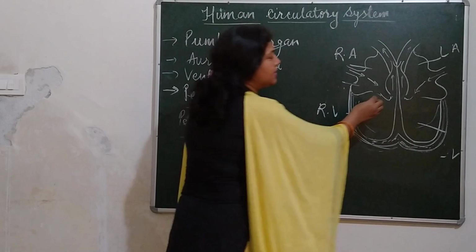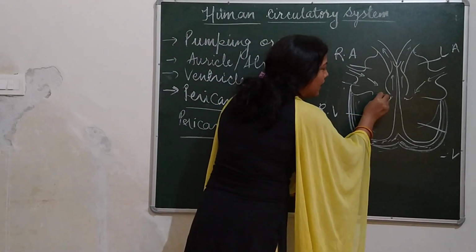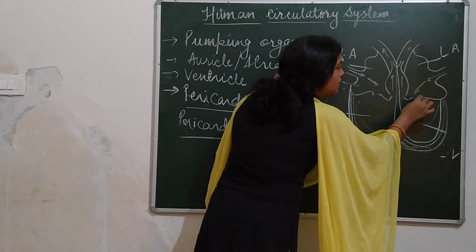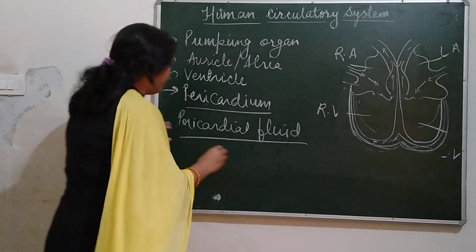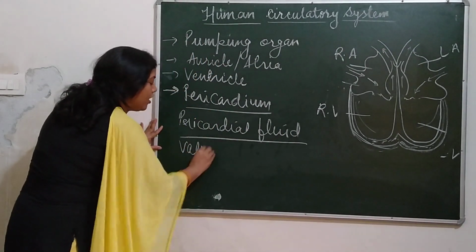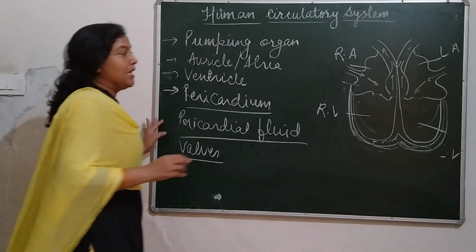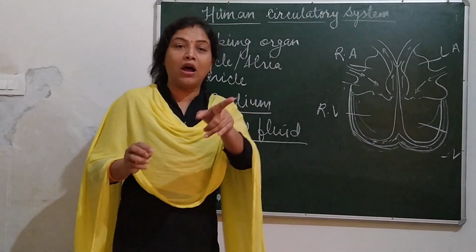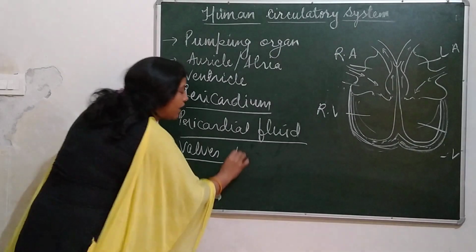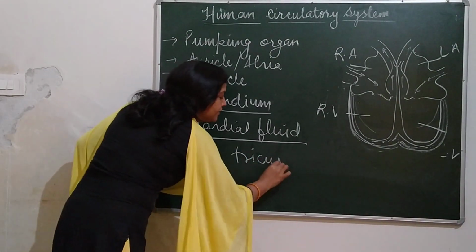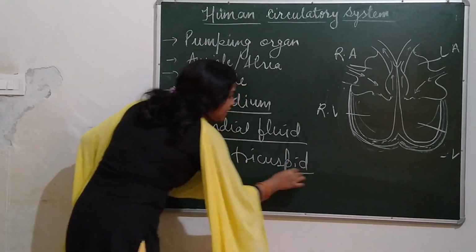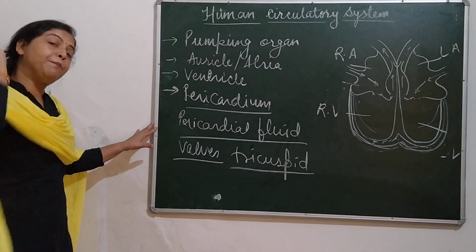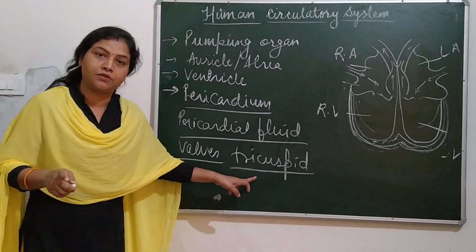Here you can see there are hole-like structures shown. These hole-like structures are called valves. The right part has the valve known as the tricuspid valve, called tricuspid because it has three cusps.